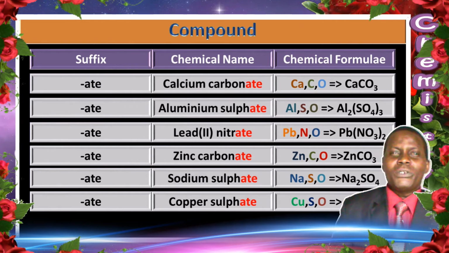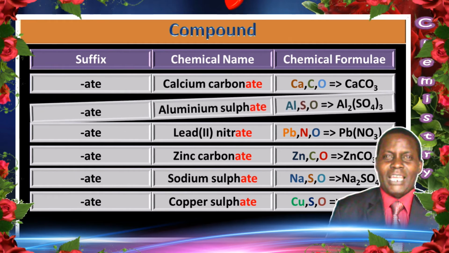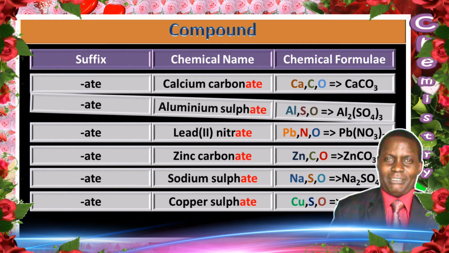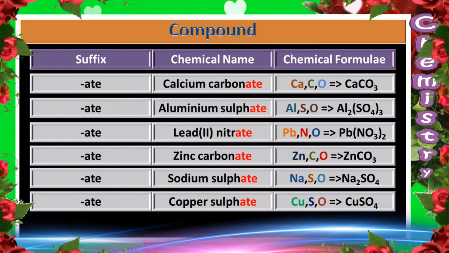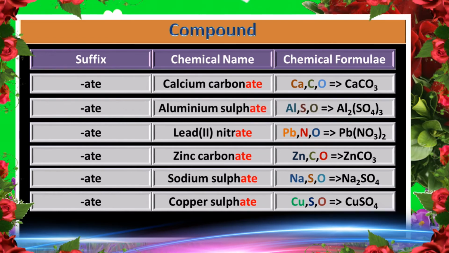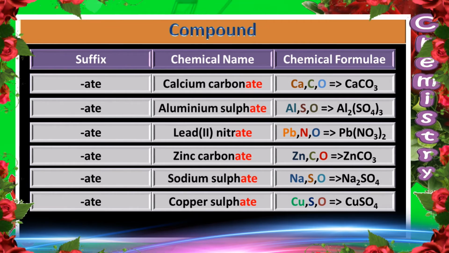Another example is aluminium sulfate. It ends with ATE. One of the elements is oxygen. It's made up of aluminium, sulfur, and oxygen.